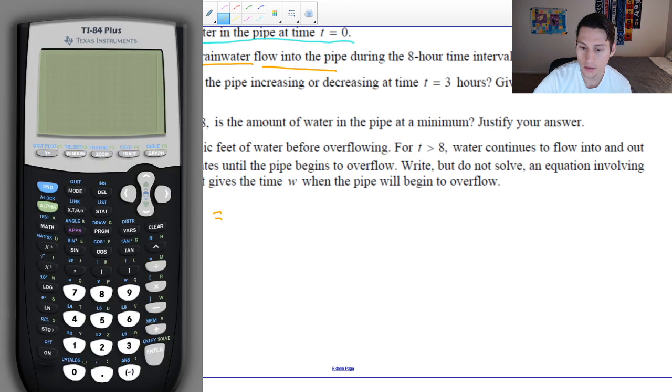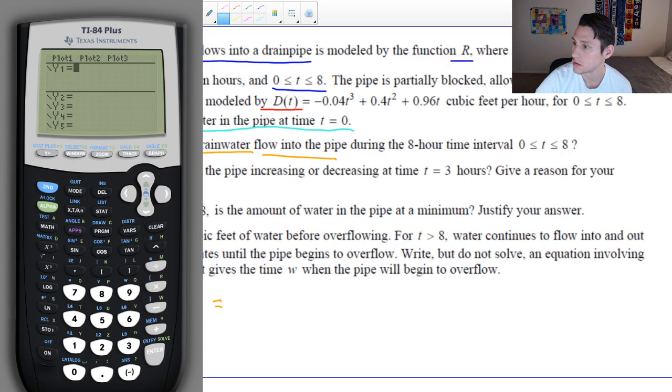So let me pull up my calculator. My function: 20 sine squared over 35.